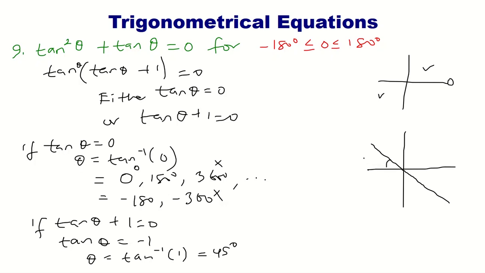So if this is 45, we measure these angles from the horizontal. The first values, the positive values, we can get them by moving anti-clockwise. The first positive value that puts our tan in this quadrant is this angle here, which is 180.